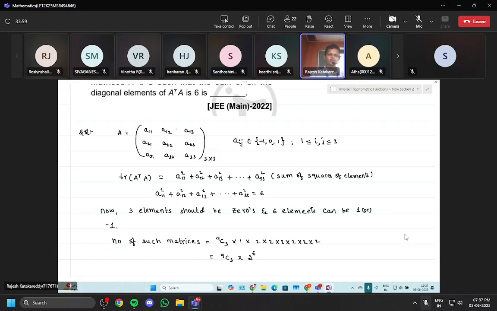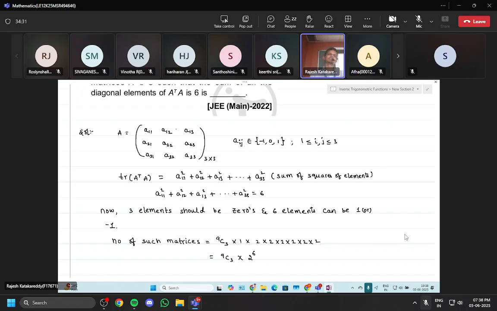So now I am writing directly using permutation and combination. The number of such matrices is 9C3 into 1. First of all, I am selecting the 3 boxes which I am filling with 0. 9 are available, selecting 3 will be 9C3, and then filling them is into 1, 3 factorial by 3 factorial.